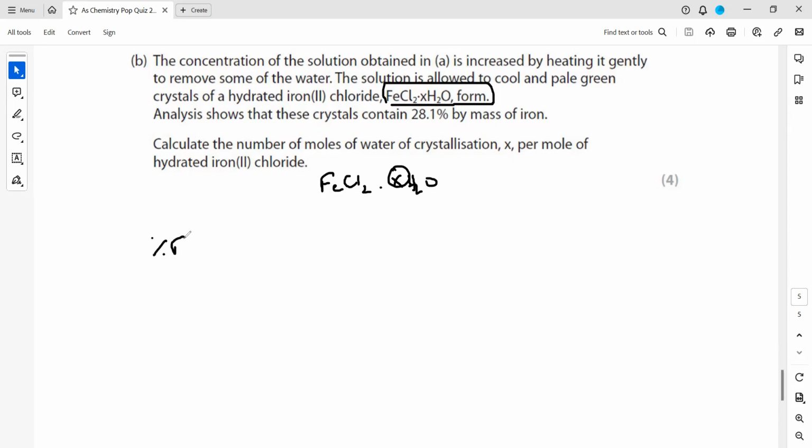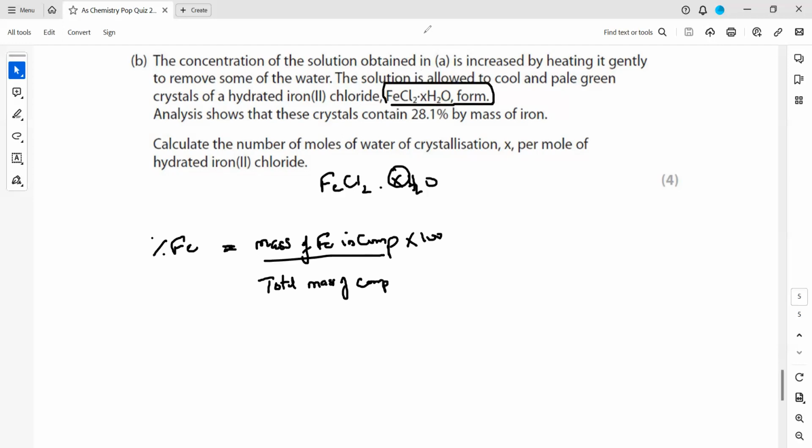So the percentage of iron is given in the compound. Percentage of iron equals the mass of Fe in the compound divided by the total mass of the compound, times 100.